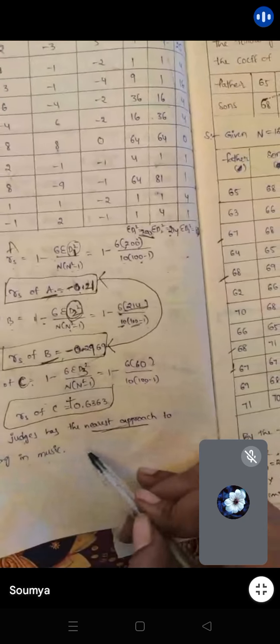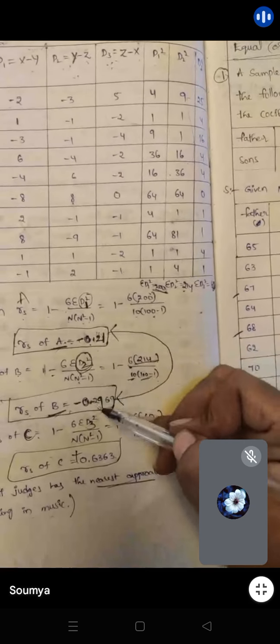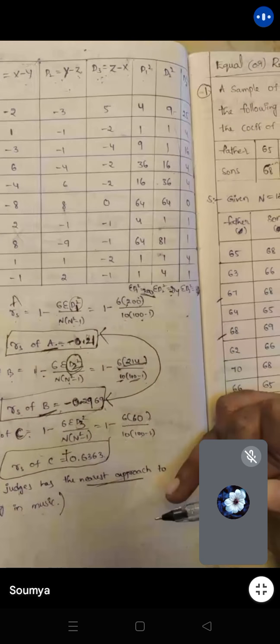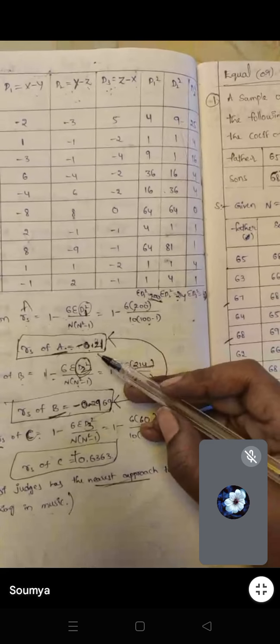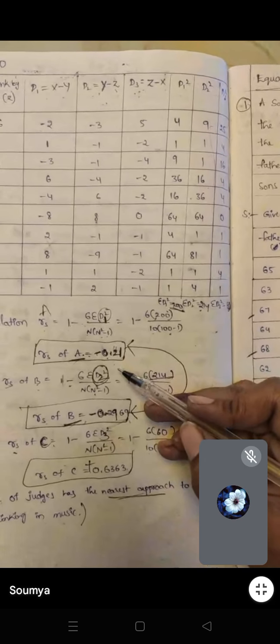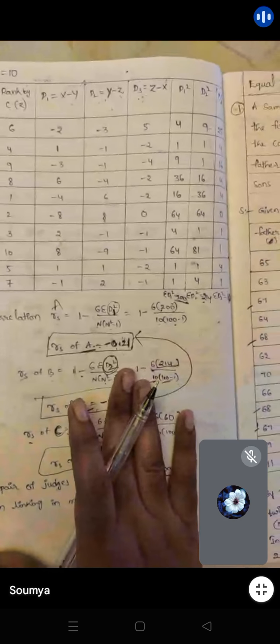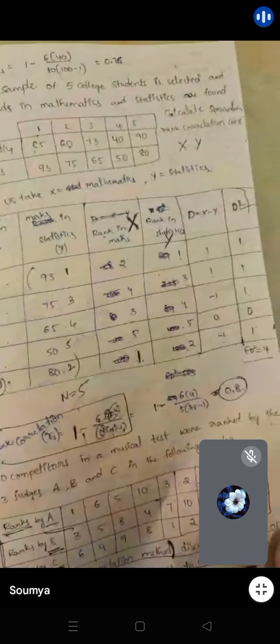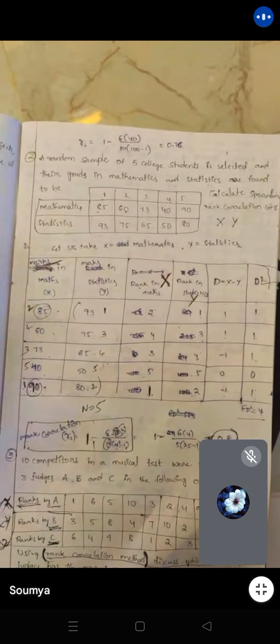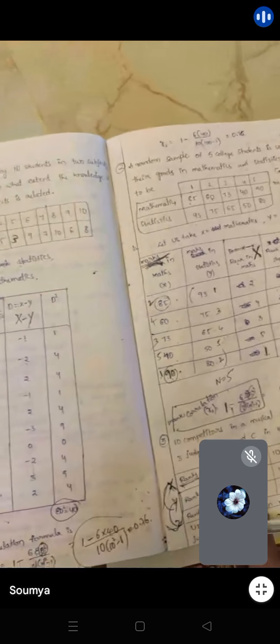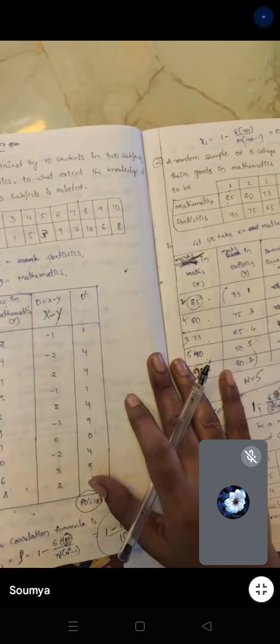If these types of questions are there, you have to take the nearest approach. I think all of you understand this. I will send notes after this. After that, you have to practice and look at it once. Only then will you understand these problems.